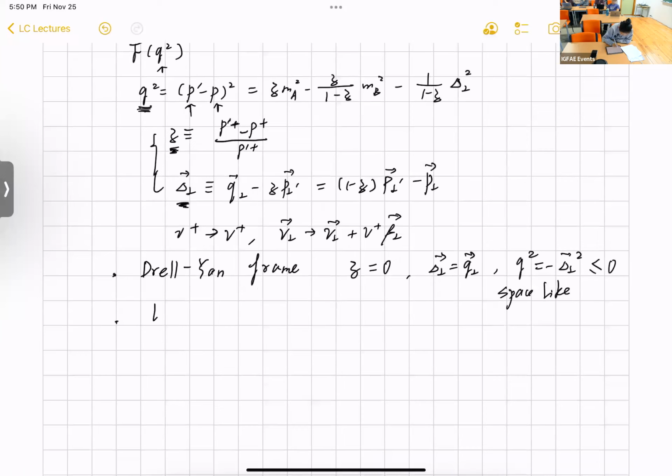Then another special case, we call it the longitudinal frame. It's the other extreme compared to the Drell-Yan frame, where instead we take delta perp equal to 0. This means all the transverse momentum transfer is 0, and the momentum transfer happens in the longitudinal direction.